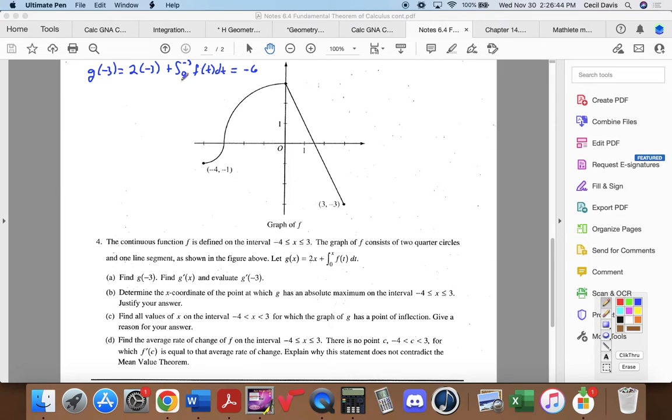I'd be a lot happier if it was -3 to 0. Okay. So minus the integral from -3 to 0 of f of t dt. So it's going to be -6 plus, here's -3. So I'm going to have minus. How am I going to evaluate this integral?